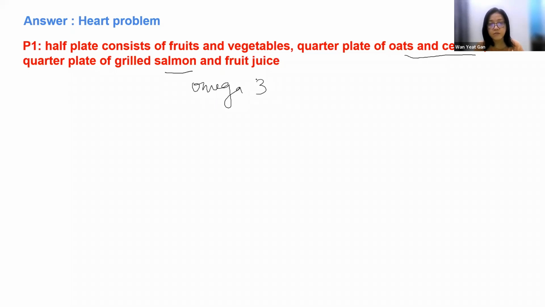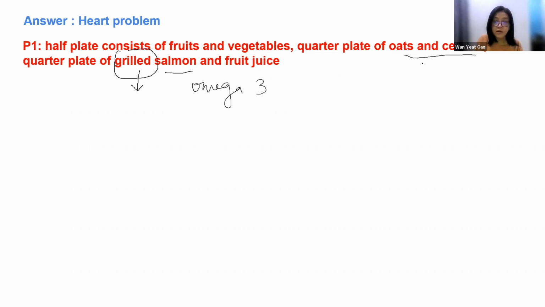So that will reduce the bad cholesterol, as well as the grill, the way it is cooked. Grill does not incorporate much oil, you don't fry it, so that will help your patient with heart problem.